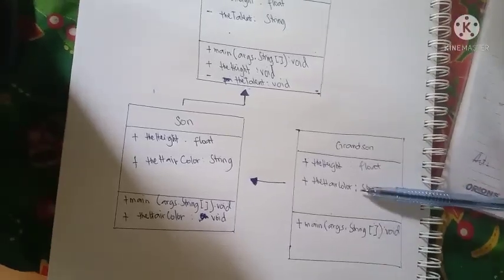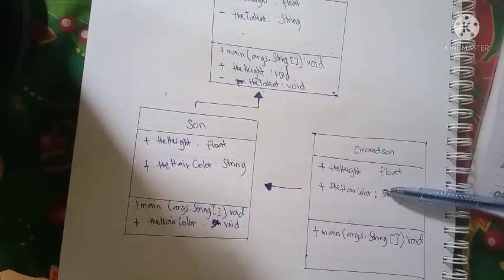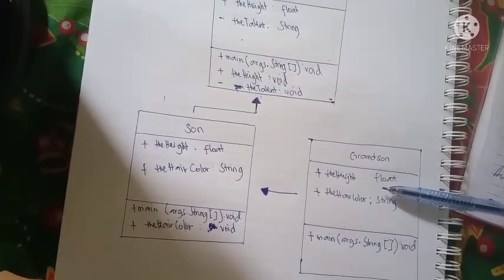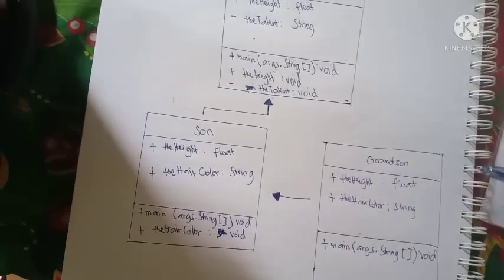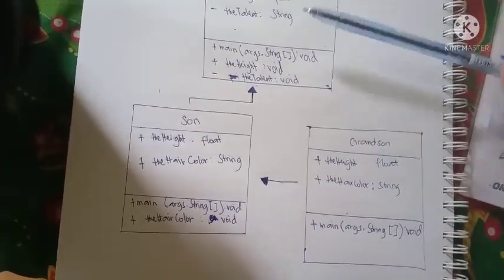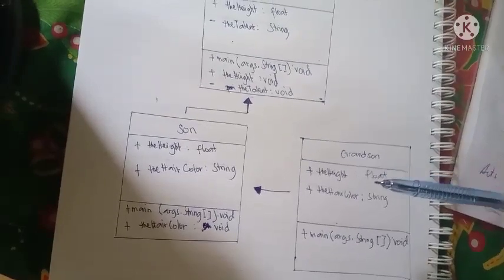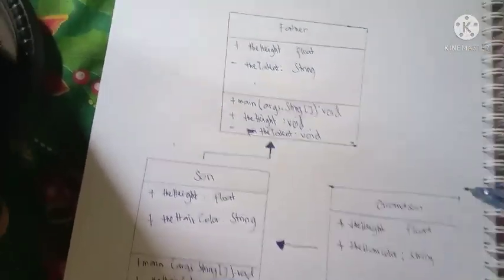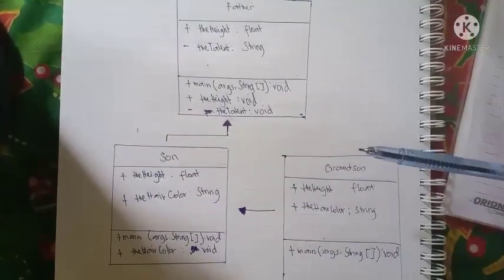I talked about float here, which is numbers that have a decimal point, and that explains the flow of my program, which is inheritance and the UML.